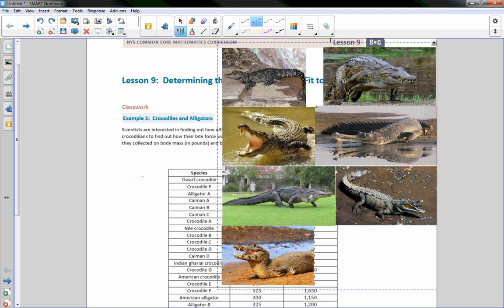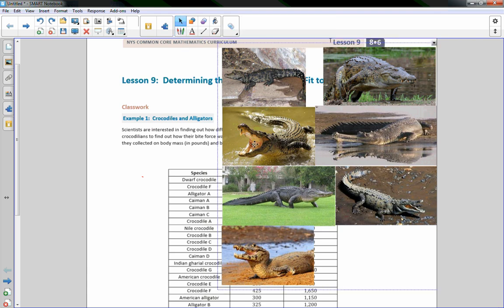I think that's this one here. But anyway, you get the idea. They're very similar, except this guy here has a really narrow snout. And this is a dwarf, so this guy's a little guy compared to the rest. So they're taking bite force and how much they eat into consideration in this activity.